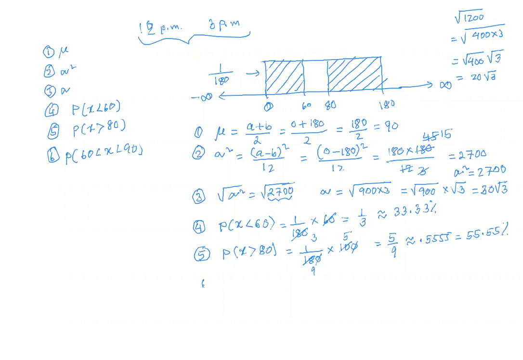Number 6, probability of X being between 60 and 90, okay? So let's draw another diagram for this. This is 0, this is 180, X between 60 and 90. So this is where 60, this is where 90. So we are talking about this strip in the middle.